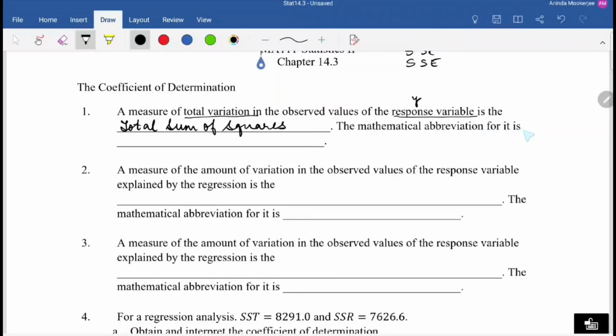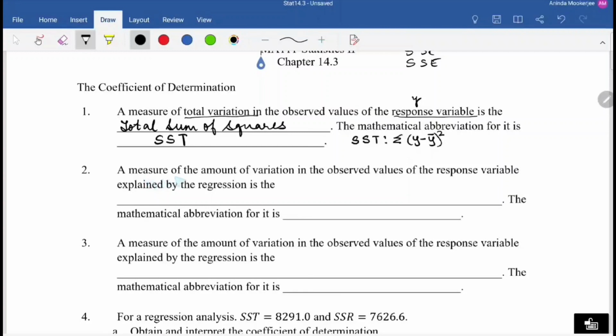The mathematical abbreviation for it is SST. And the equation for SST using the defining formula is the sum of y minus y bar, squared. So that's the equation for total sum of squares.